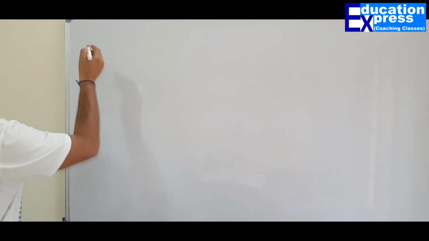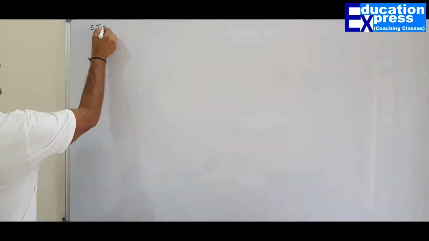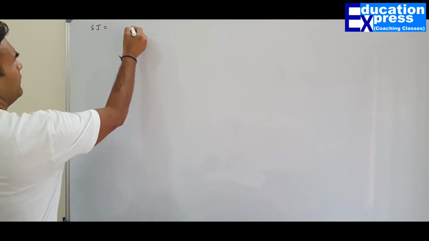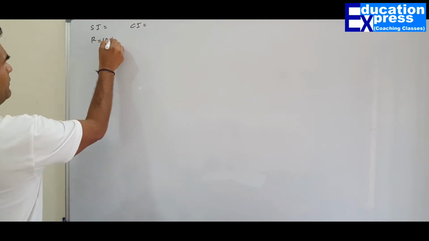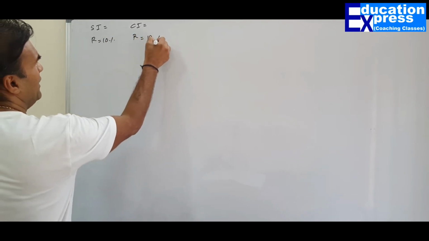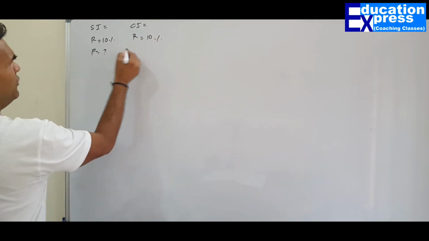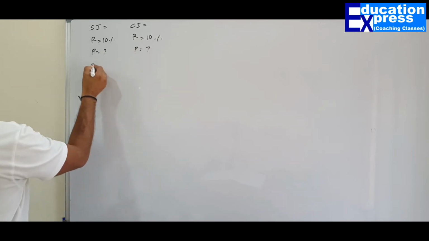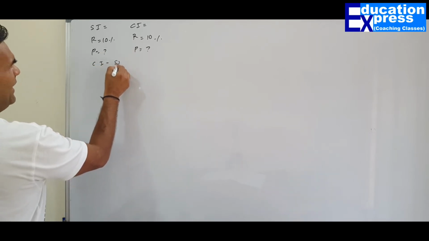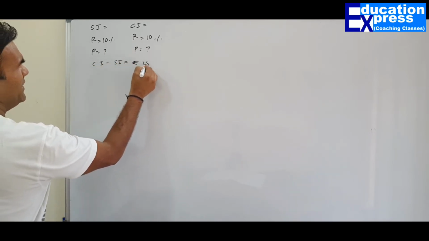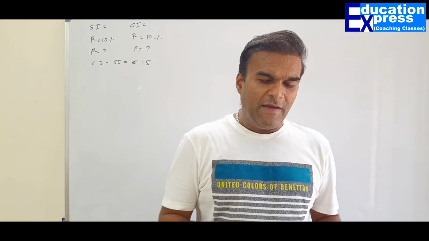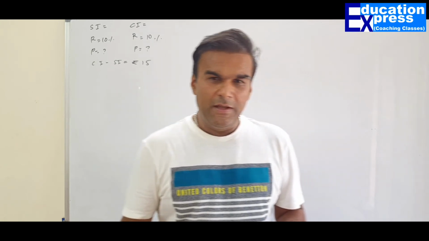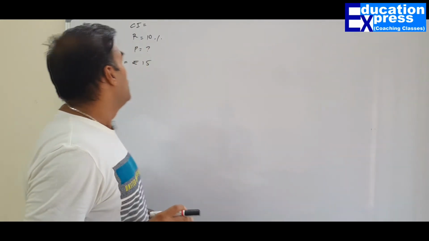So they have given you the rate 10%, principal unknown, but the difference between CI and SI is rupees 50. What do we have to find? We have to find the value of our principal.